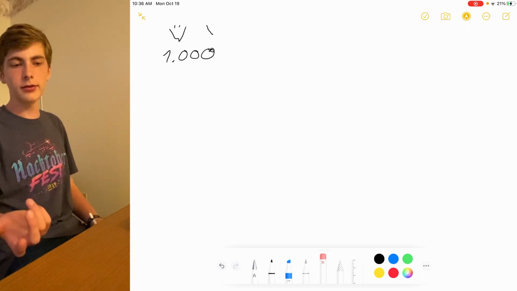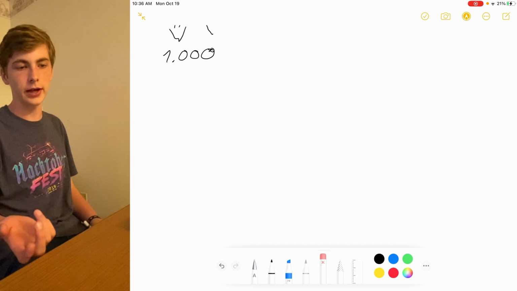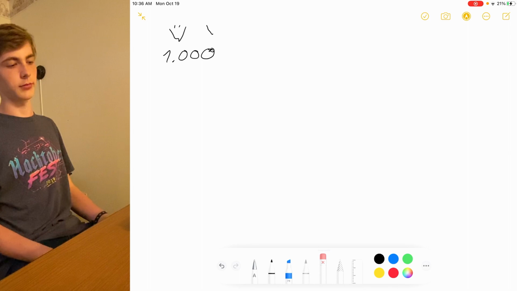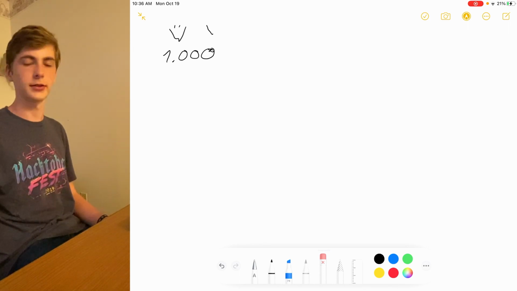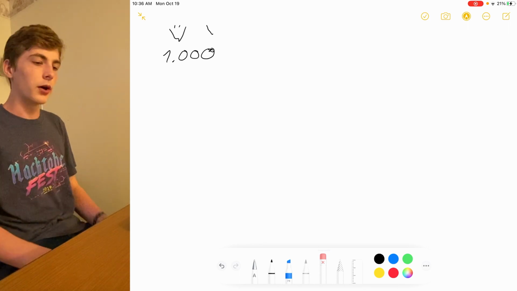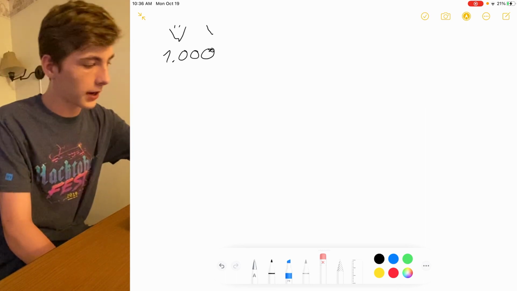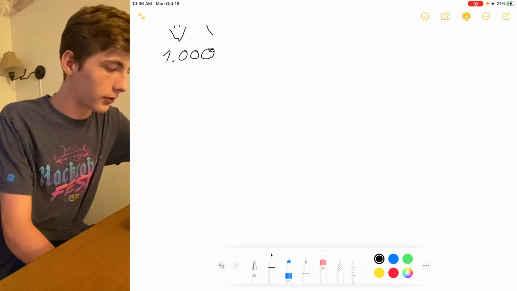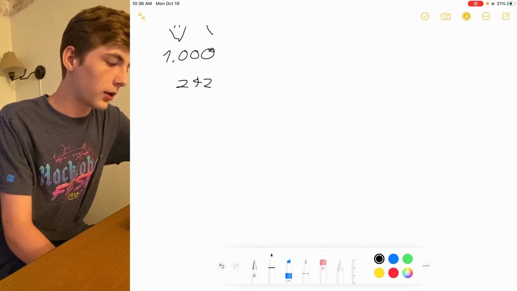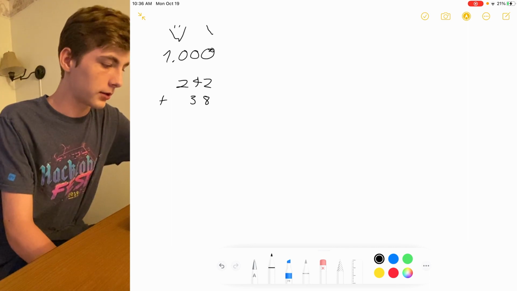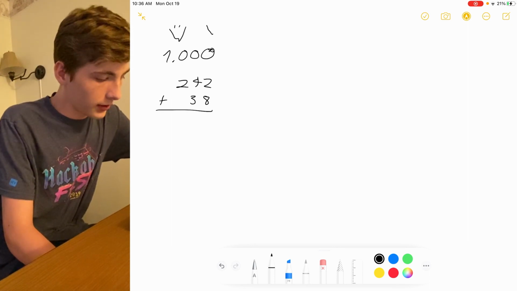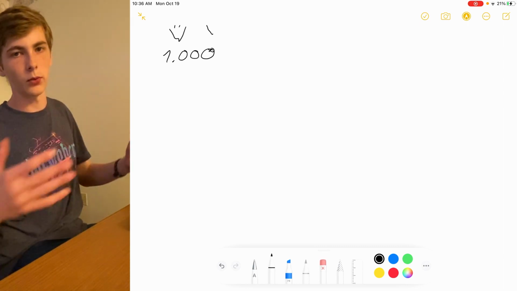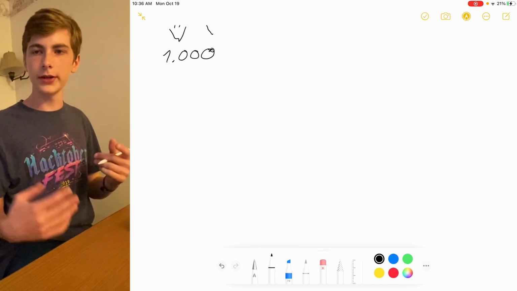If you're using a calculator, you type it in like any other number, use the decimal point, and it gives you the right answer. But this is about when you're doing 242 plus 38, and you have to add it by hand. This is the process we're learning, and we're going to add to that how we do it for decimals.